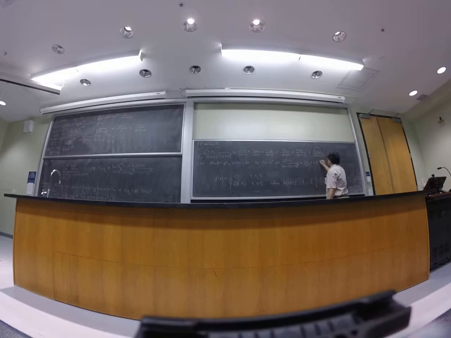So the next term will be plus C21 times S plus 2. You see that? Next one, the C22 term, I multiply the denominator, will be just C22.